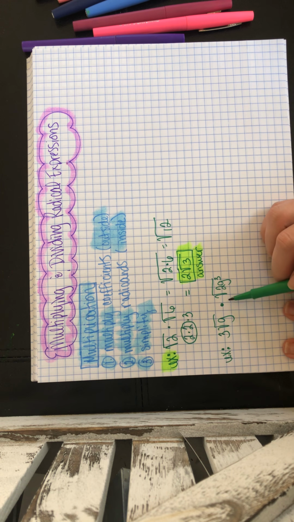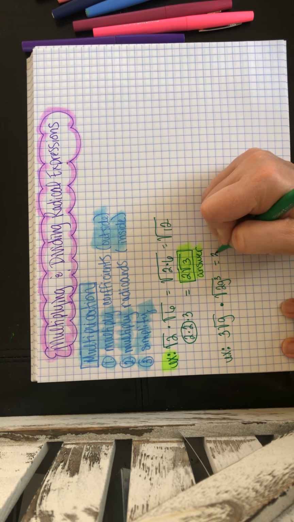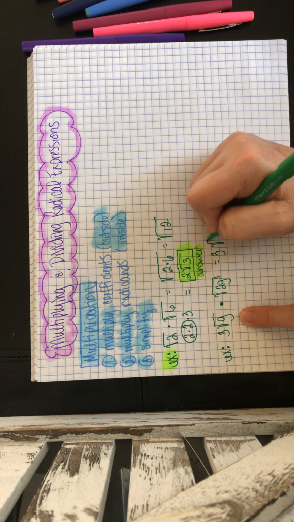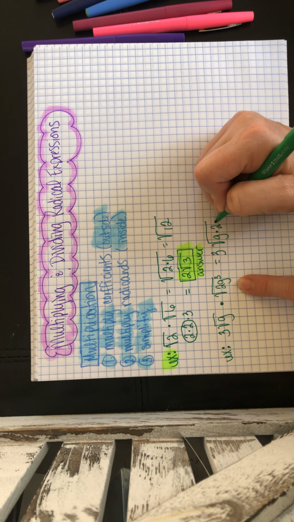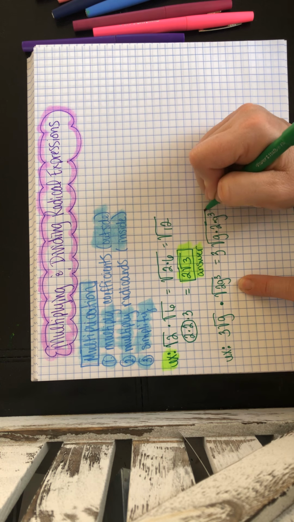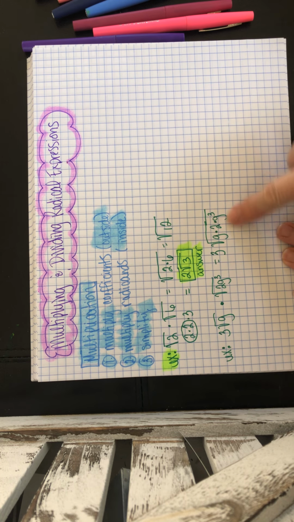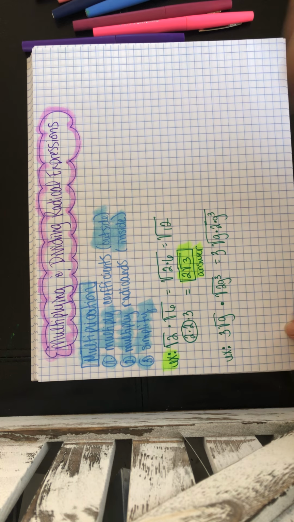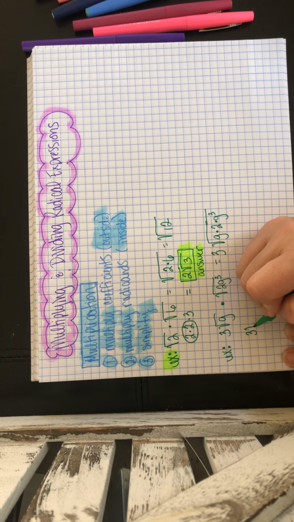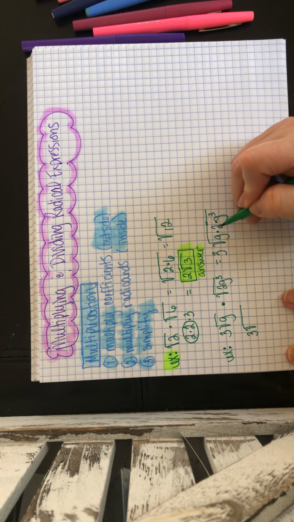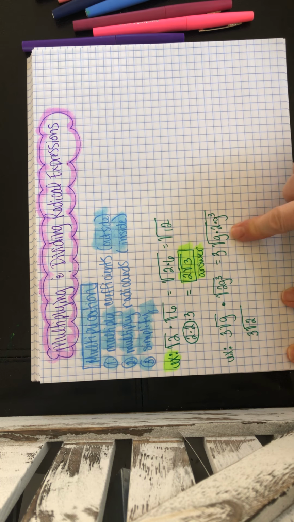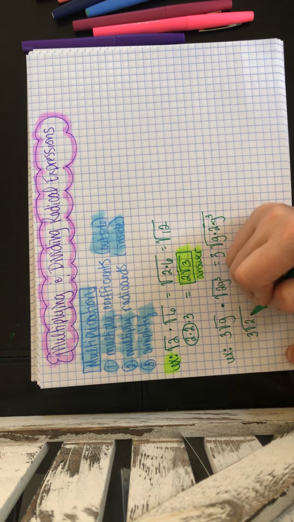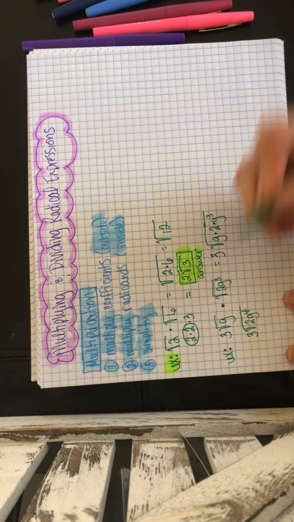So in this case, 3 times 1, that equals 3, times the square root of g times 2 times g to the 3rd. So when we do this, we end up getting 3 times 2. There's 3 g's here times 1 g here, so that's times g to the 4th power.